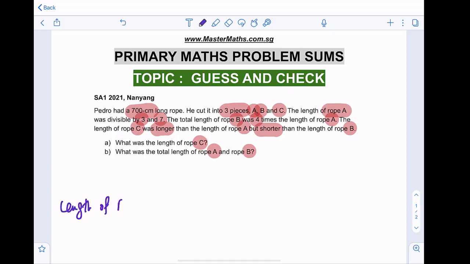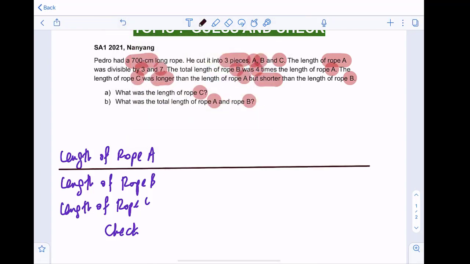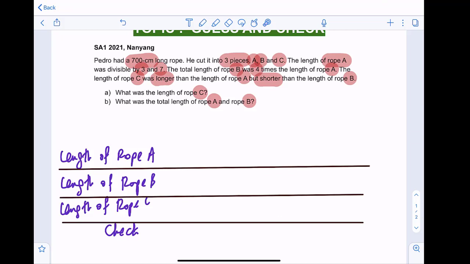Length of rope A, length of rope B, length of rope C, and then we can do a check. The check for us is the last statement. The length of rope C must be longer than A but shorter than B.